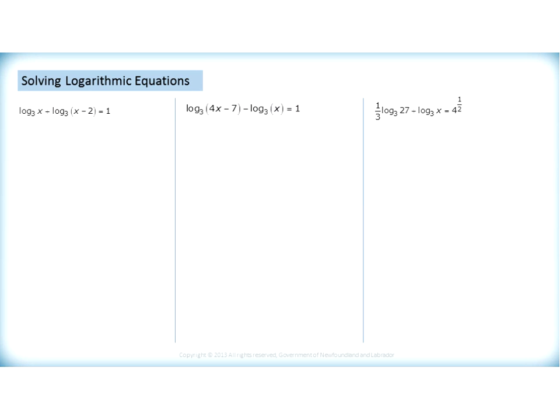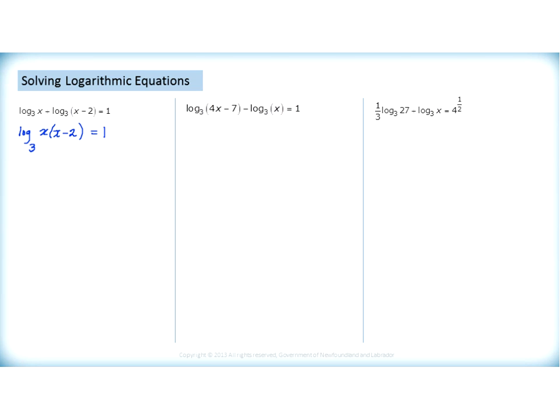Here we will solve each of the following logarithmic equations. We have the log of x to base 3 plus the log of x minus 2 to base 3 is equal to 1. Notice on the left side of the equation, we have the sum of two logarithms. So we can rewrite that as the log of a product, x multiplied by x minus 2 to the base of 3 is equal to 1.